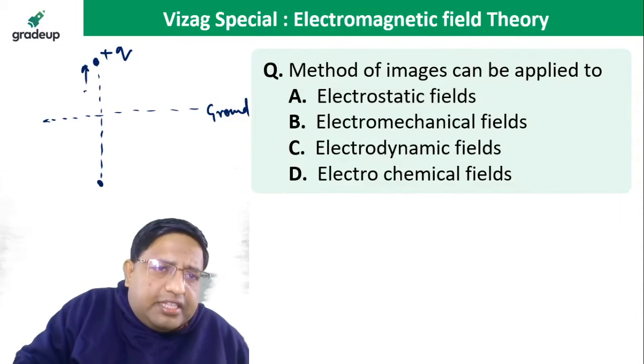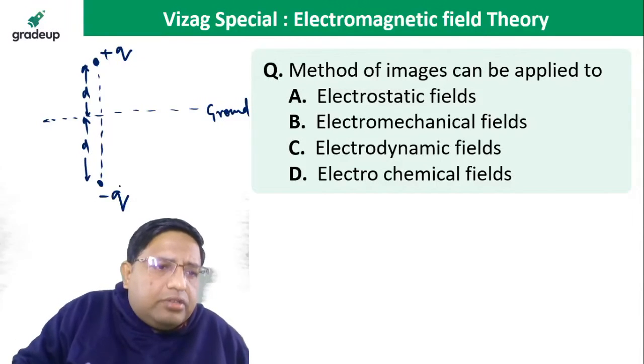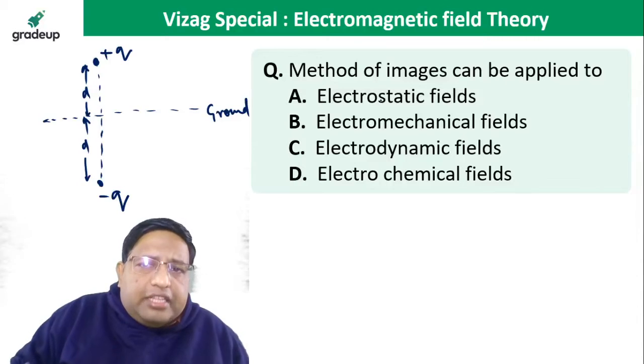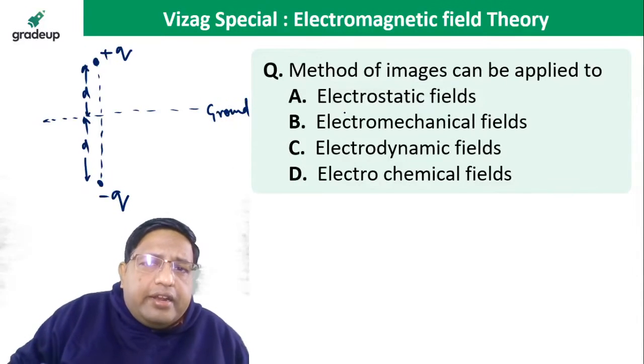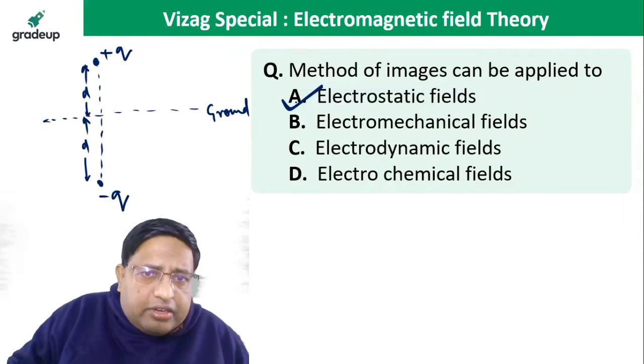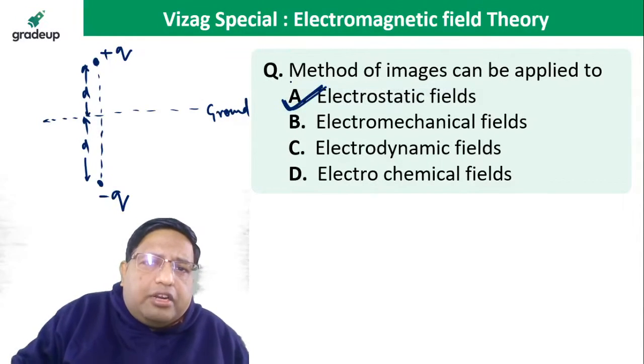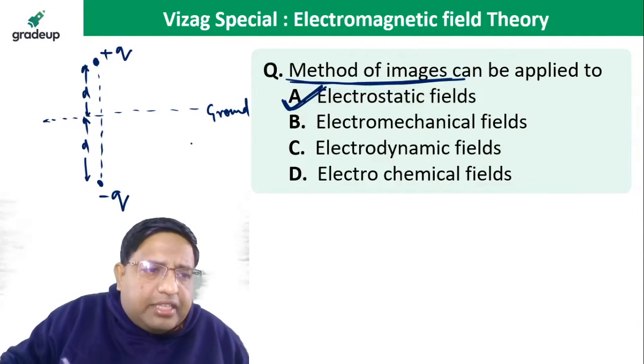If this distance is d, this distance is also d, and it is minus q. So the method of images can be applied to calculate the electrostatic field.